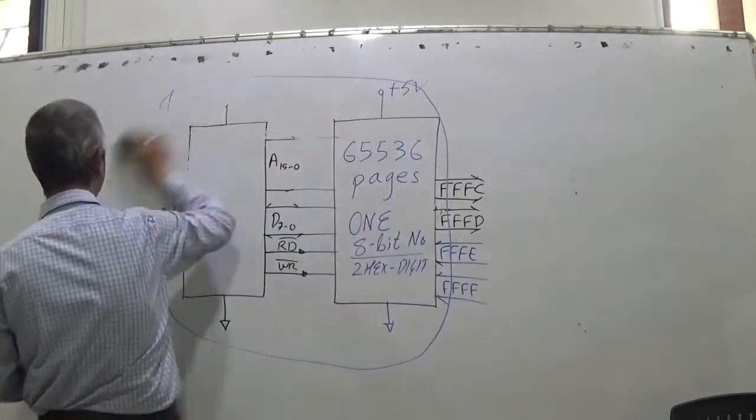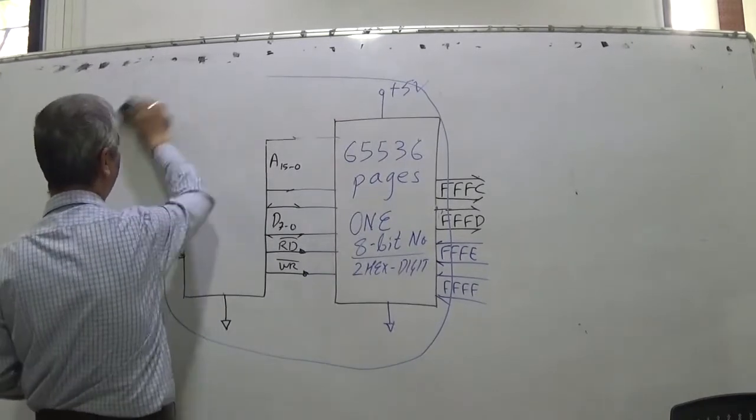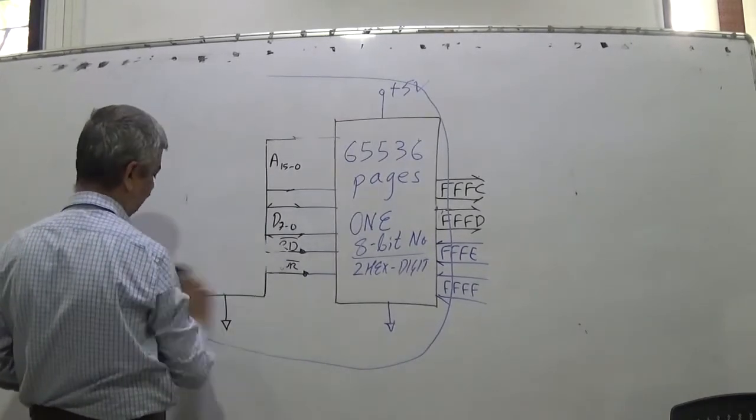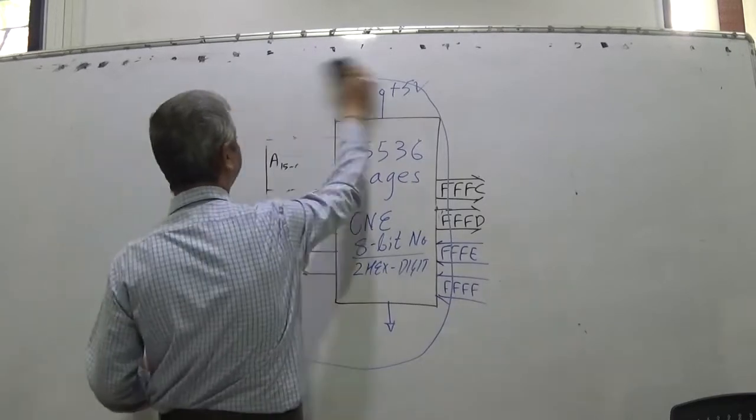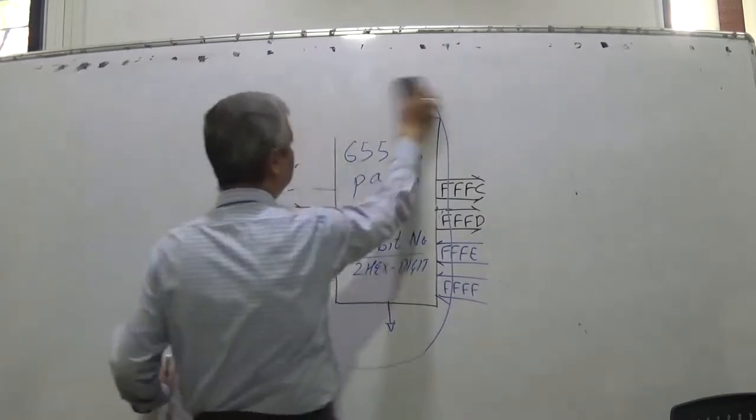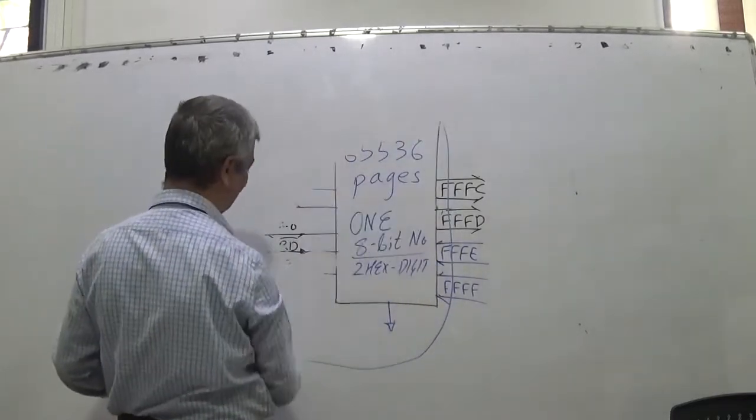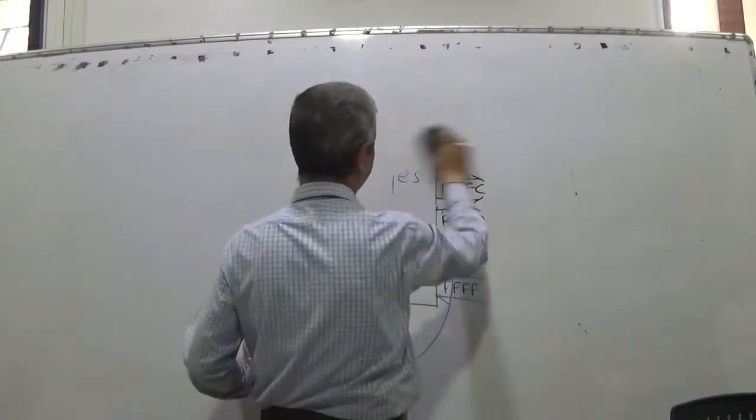So in general, we can imagine a 32 I/O pin device.